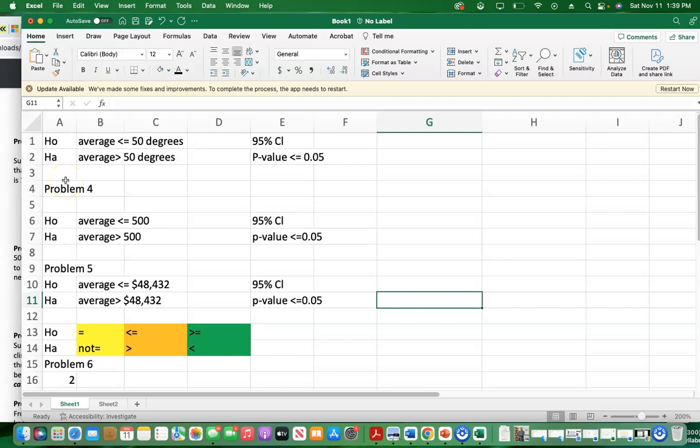So how do we test this? How do we find the probability value that is either less than or equal to the significance level, or greater than the significance level? In other words, how can we get this probability value?